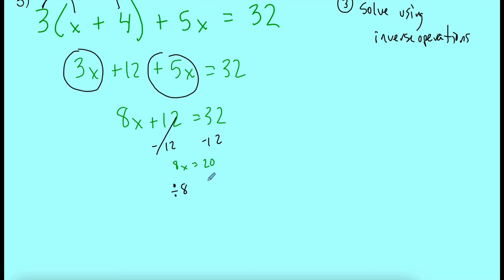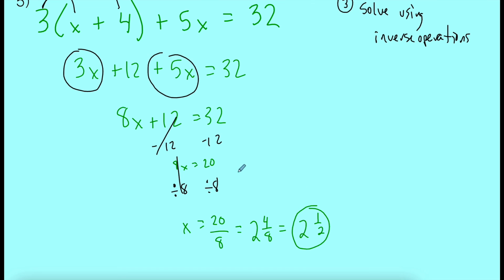So divided by 8, divided by 8. And I'm left with x equals 20 divided by 8, which you could read as a fraction, 20/8. 8 can go into 20 2 times with 4 left over. So 20 over 8 can be rewritten as 2 4/8, or if you simplify that, 2 1/2.